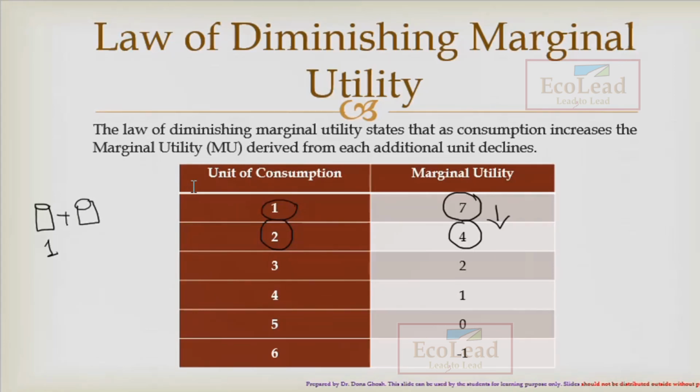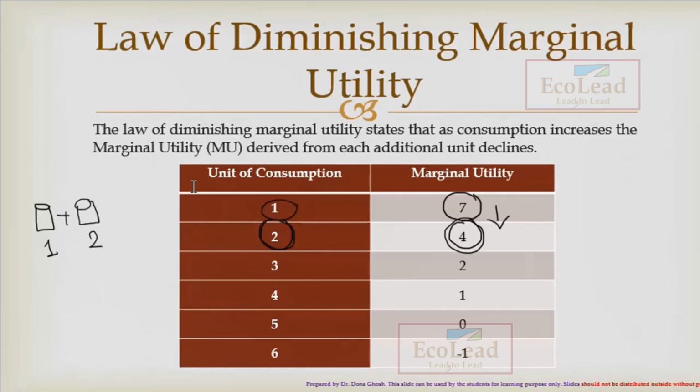Since your thirst has already been satisfied to some extent, the satisfying power of the second glass will be a little lower than the first unit. So the second glass of water has given you the marginal utility, or satisfaction, which we have measured here with the number 4. So we can see the marginal utility has gone down.